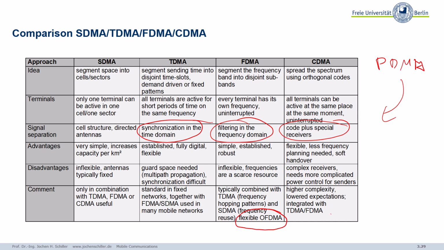Or the 3G systems, they combine CDMA with TDMA and FDMA. So depending on how you look at a system, you quite often see these combinations. You do not use a single form of multiplexing. Quite often you have certain frequencies and then you use some time multiplexing in addition. That's just a brief overview, a comparison of the schemes.